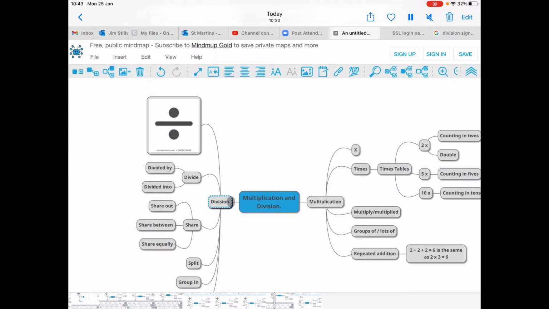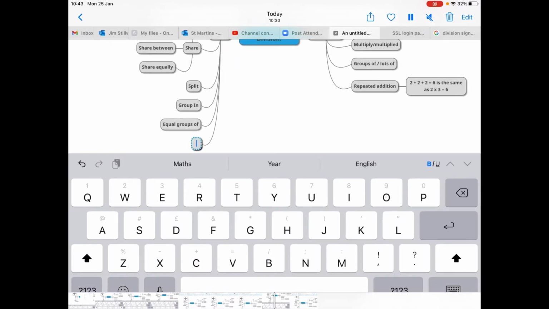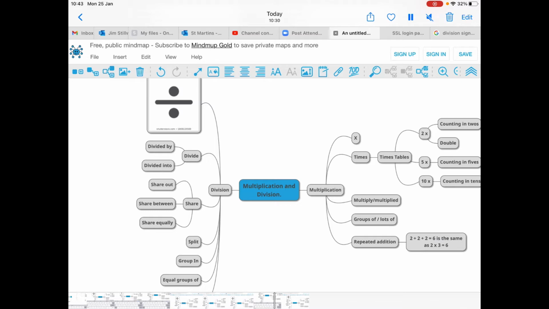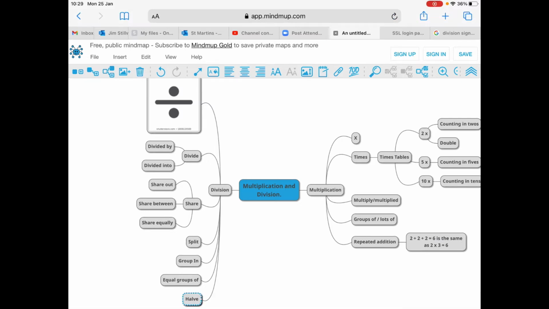So if you hear share equally, you're going to need groups that are of equal size and the same. And like doubling, we will look at halving numbers as well. We'll see what halving means and see if we can make any links to doubling.